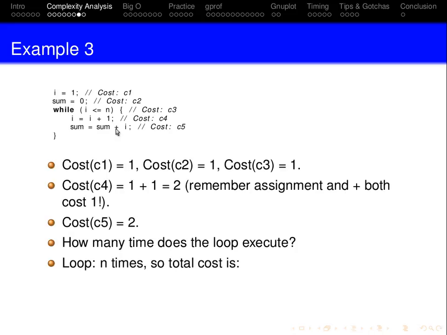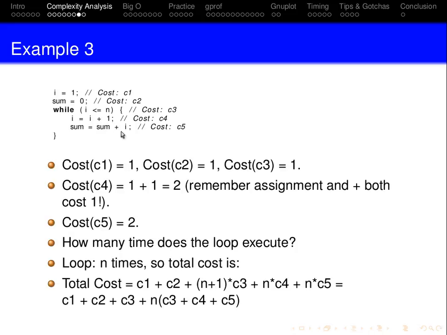So 5n. Right now we have 2 plus 5n. Are we missing anything? Plus 1. Why are we adding 1? It's the last time when it doesn't fulfill the while, but it will still check that. There's one extra check at the end. So it's 2 plus 5n plus 1.